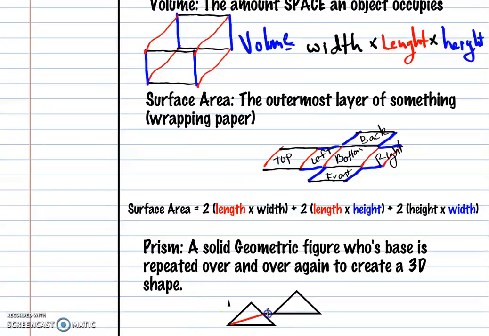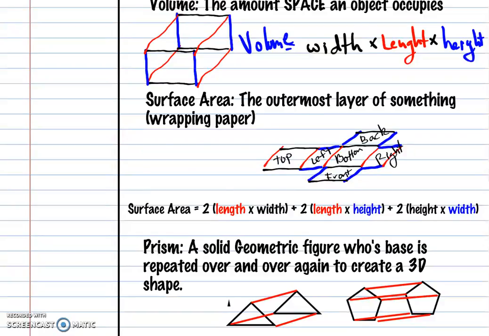That is a triangular prism. You can have any shape you want that makes a prism. You can have a pentagon. If I repeat the base, that's my base, and I connect the dots again, this line to that line, this line to that line, this one to that one, this makes a prism. It's a shape that's repeated over and over again.